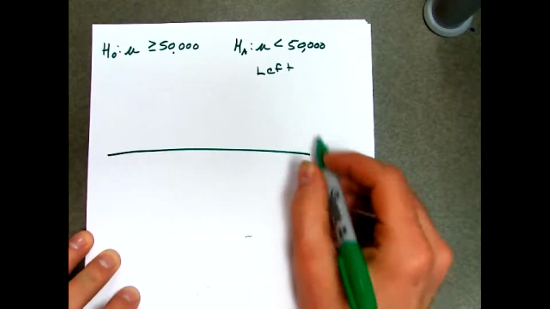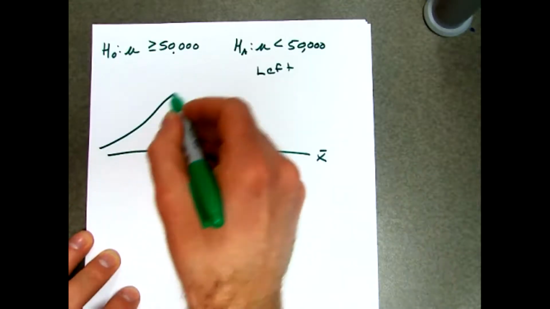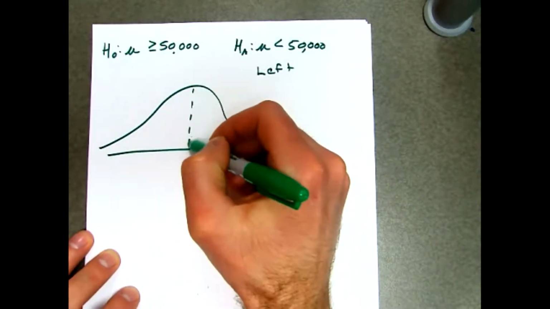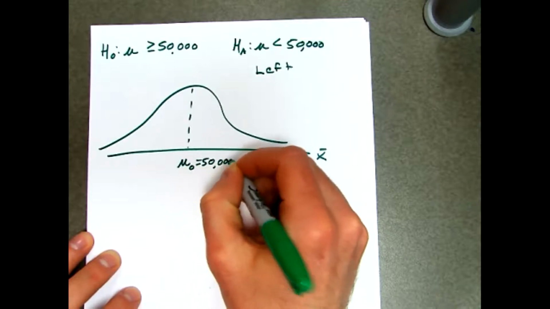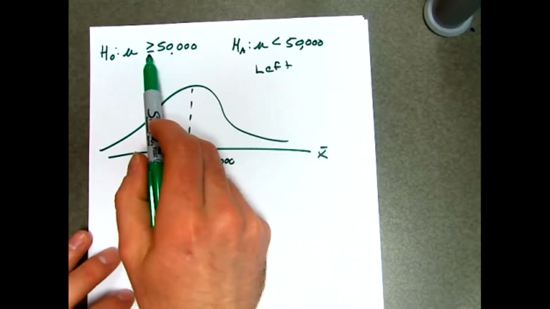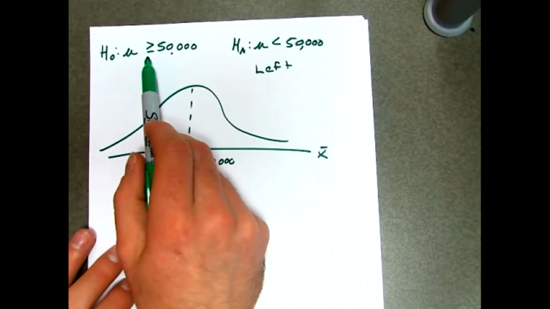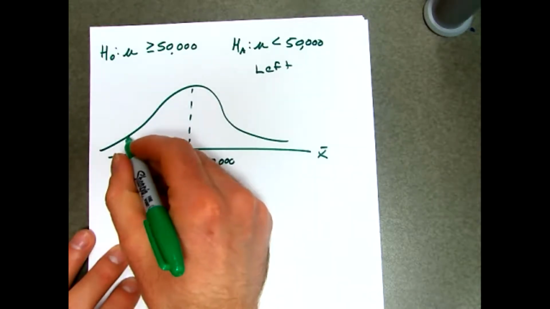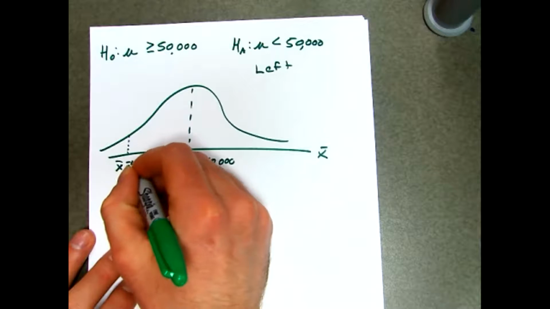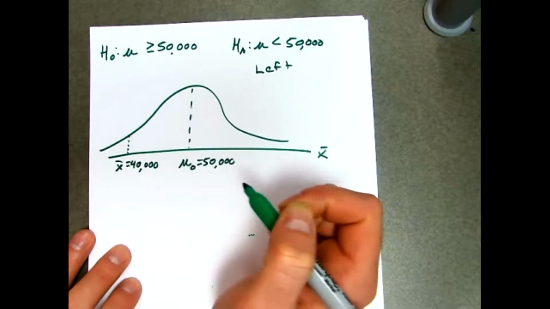Right? So the only real difference here is if instead I had a left-tailed test, well, now evidence that goes against the null is only going to be evidence that's on the left side of 50,000, or less than. So I would have to see a sample mean of something like 40,000.